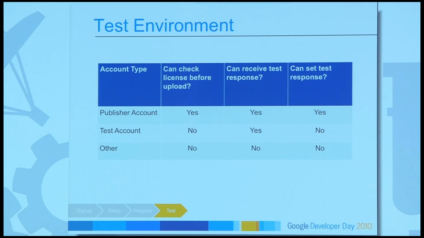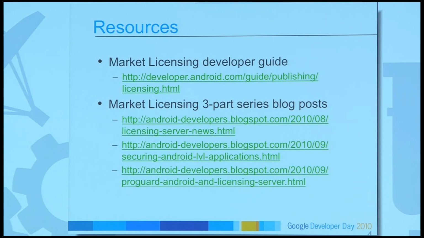There are a lot of resources available on our website, and I just covered the key information today. I strongly encourage you to visit our developer guide for Market licensing, and we also have a three-part blog post series specifically about Market licensing.